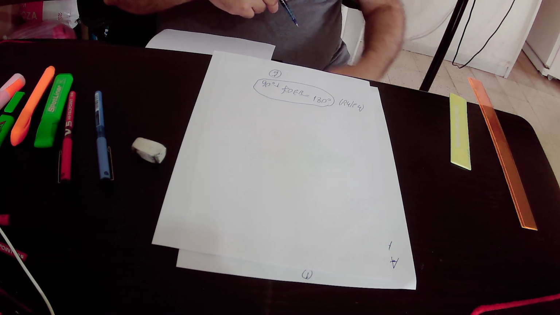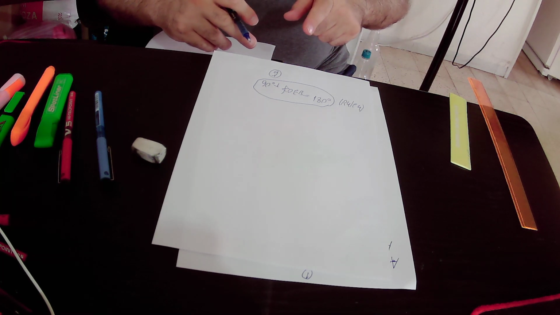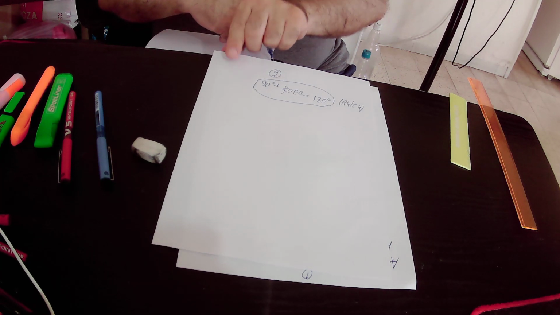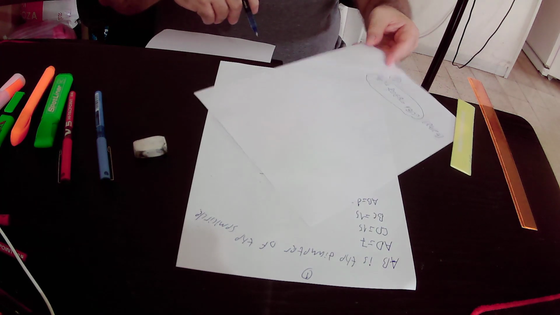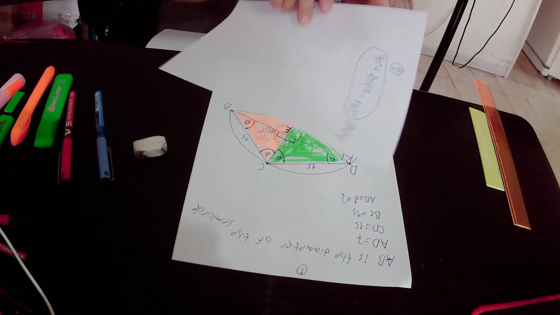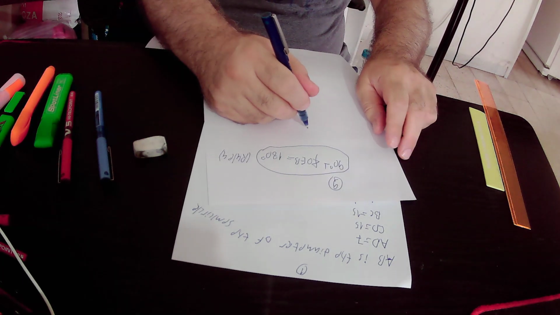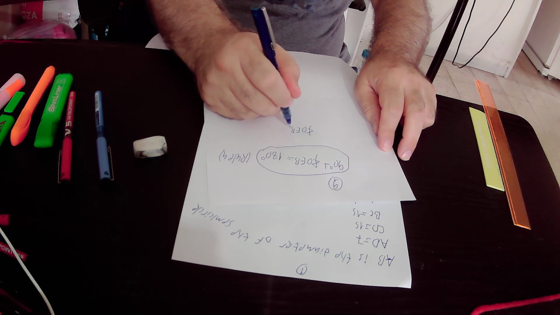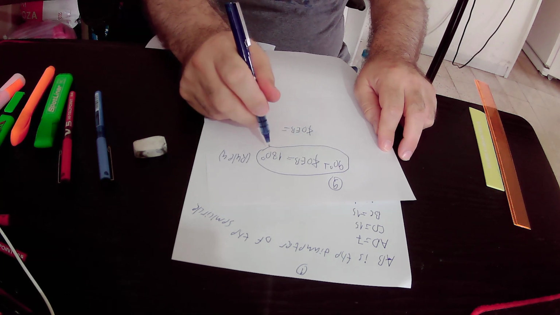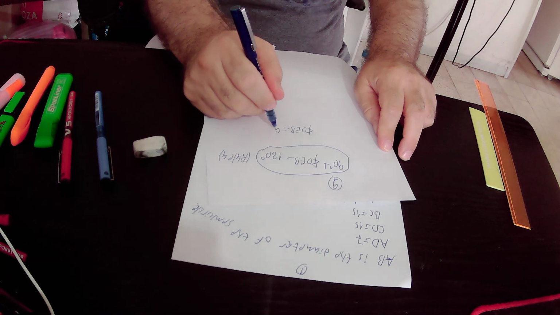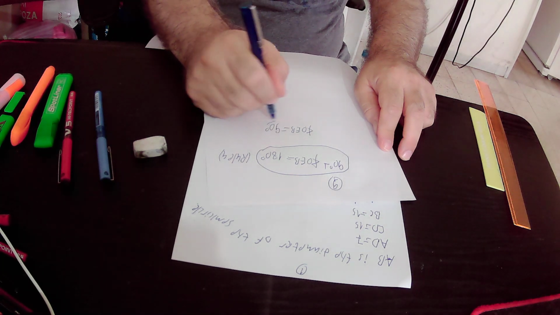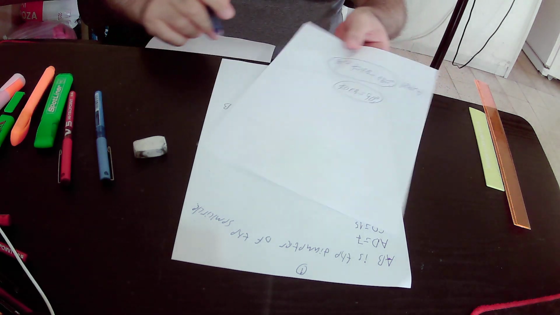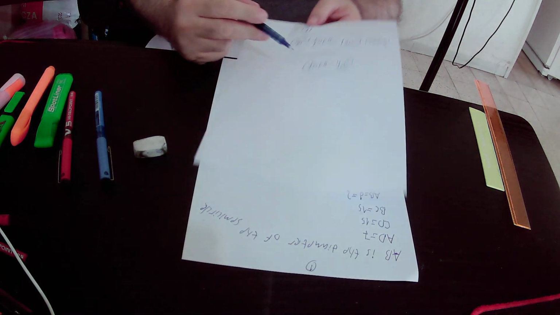Okay, so from this equality we will subtract 90 degrees and we will get that angle OEB equals to 180 degrees minus 90 degrees is 90 degrees. So we found out that angle OEB equals to 90 degrees in its size.